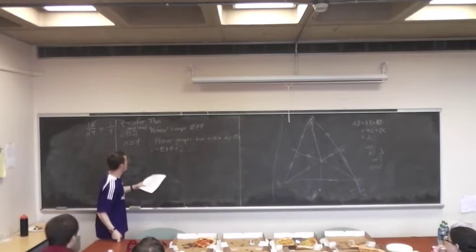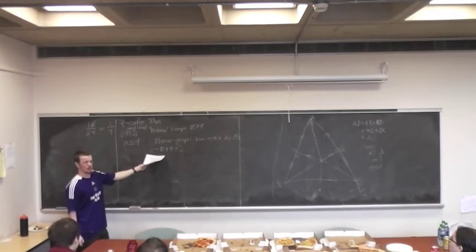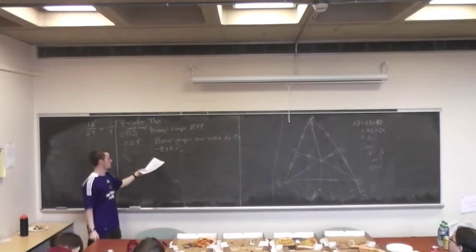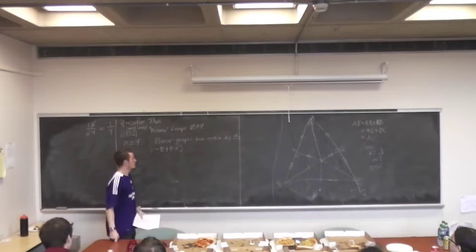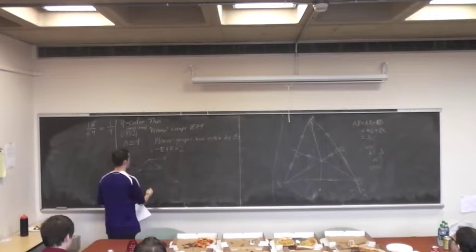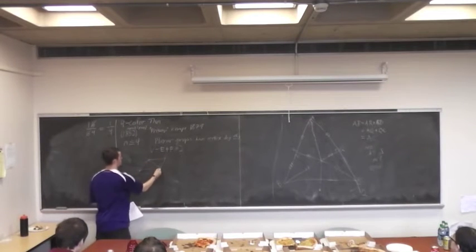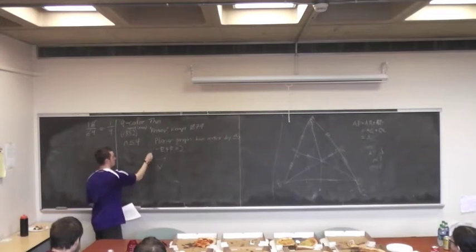Alright. You start off with the Euler characteristic. Number of vertices minus number of edges plus number of faces equals 2. So for example, 4 vertices, 5 edges, 3 faces.